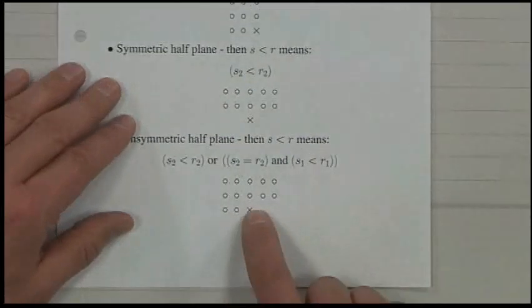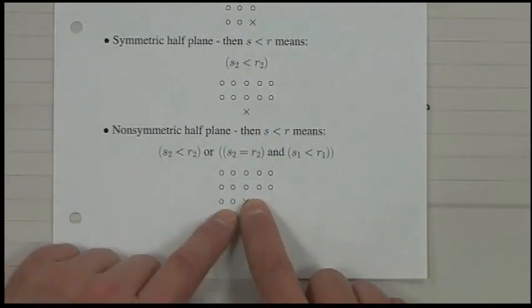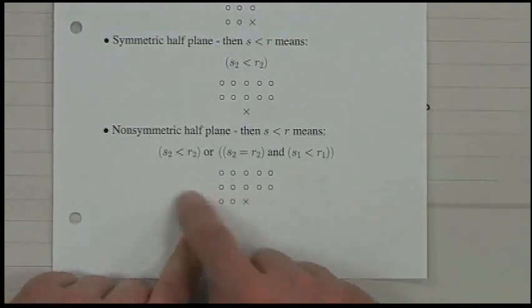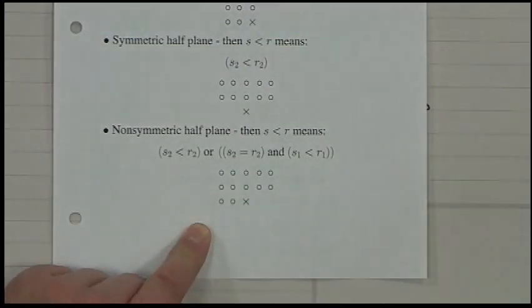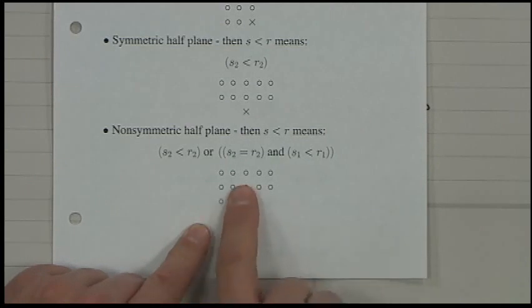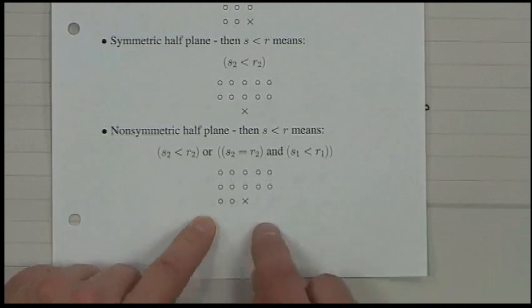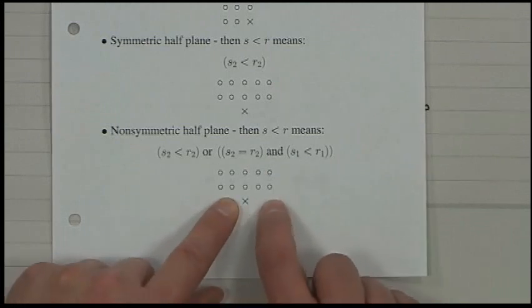Or you can make it the non-symmetric half plane, where it's as if you took raster ordering and then you used only points that were in the previous raster ordering. Okay. And this can also be flipped the other way if you raster in the opposite direction. So you could, instead of having these 2 points, you could have had the 2 points over here.